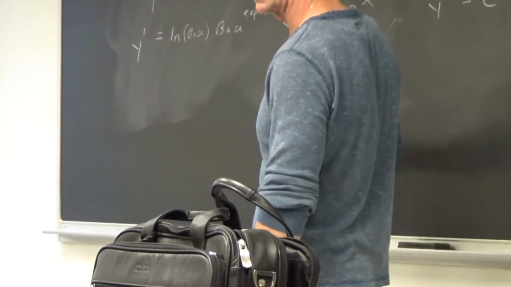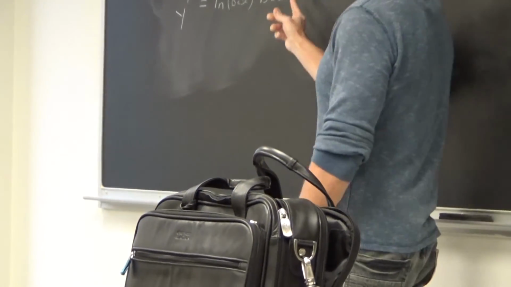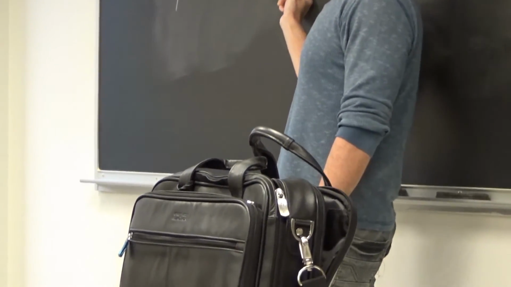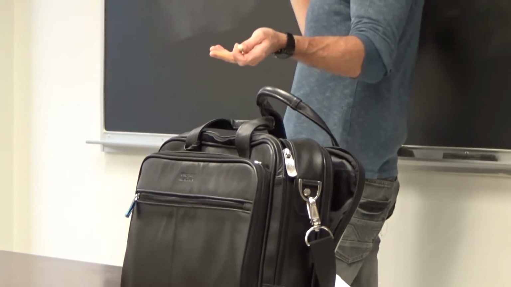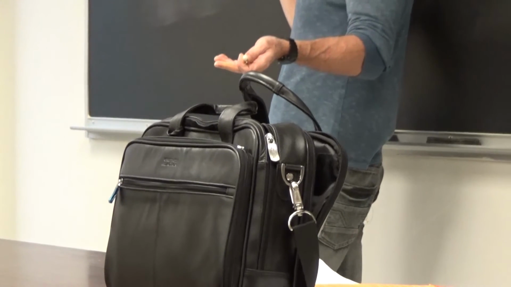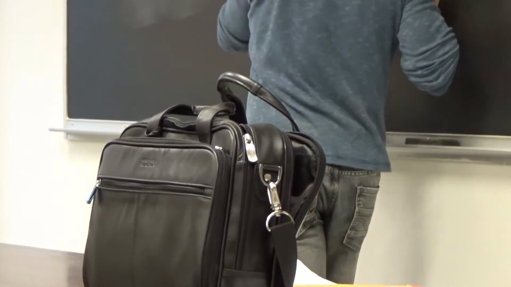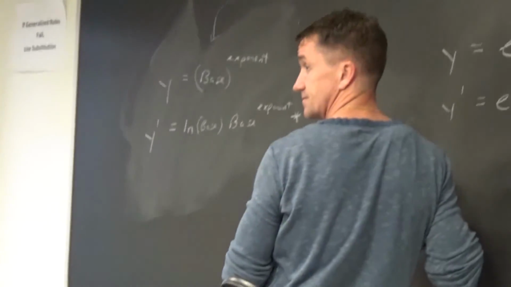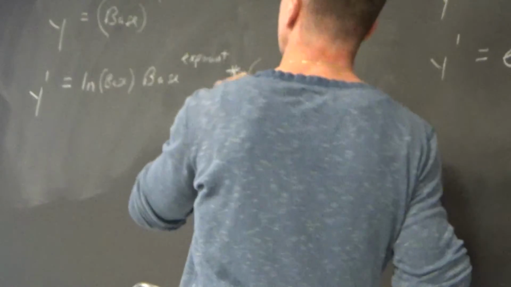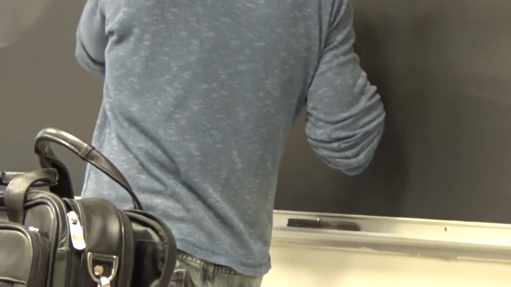Okay? Kind of like this. But if this exponent here, everyone, is something a little bit more complicated than x, like 2x squared or 5x or 3x, then we're going to have to apply chain rule and multiply the derivative of that exponent. Does that make sense? So if needed, derivative of whatever that exponent is.